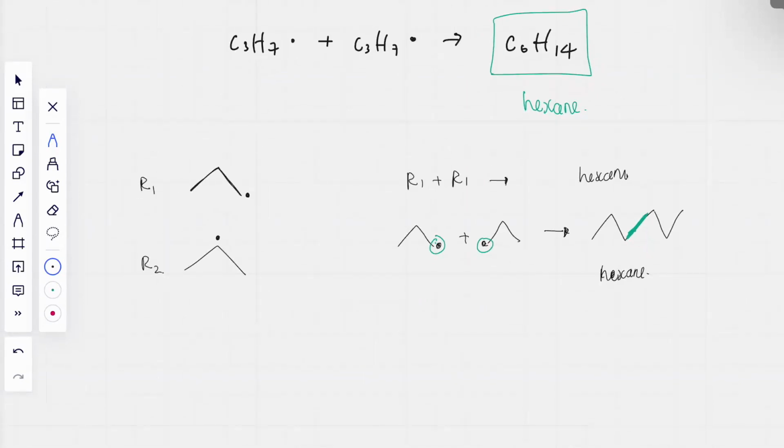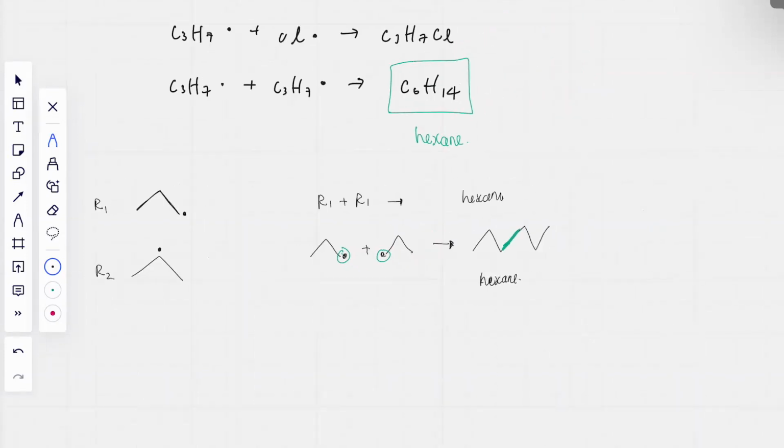Draw the other two. Which one? What will you get?